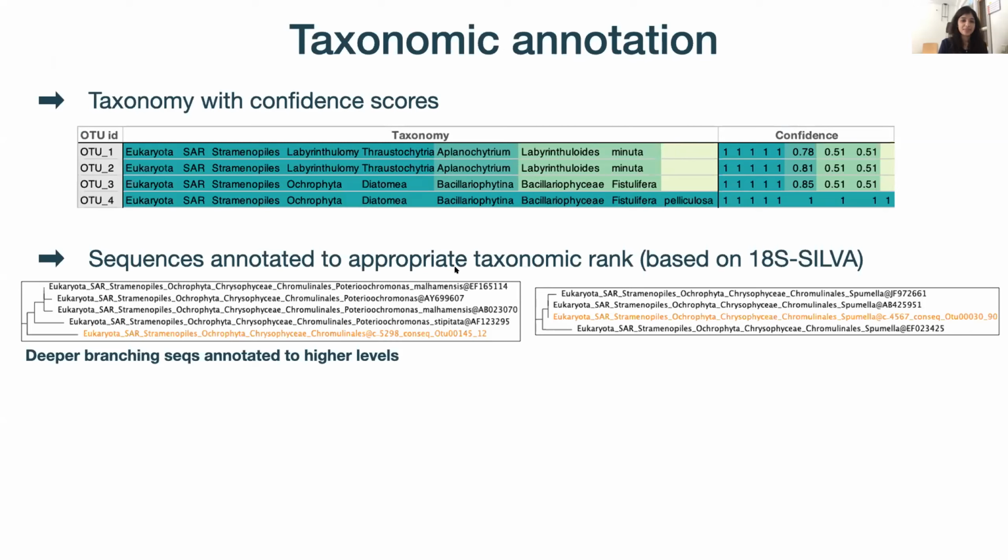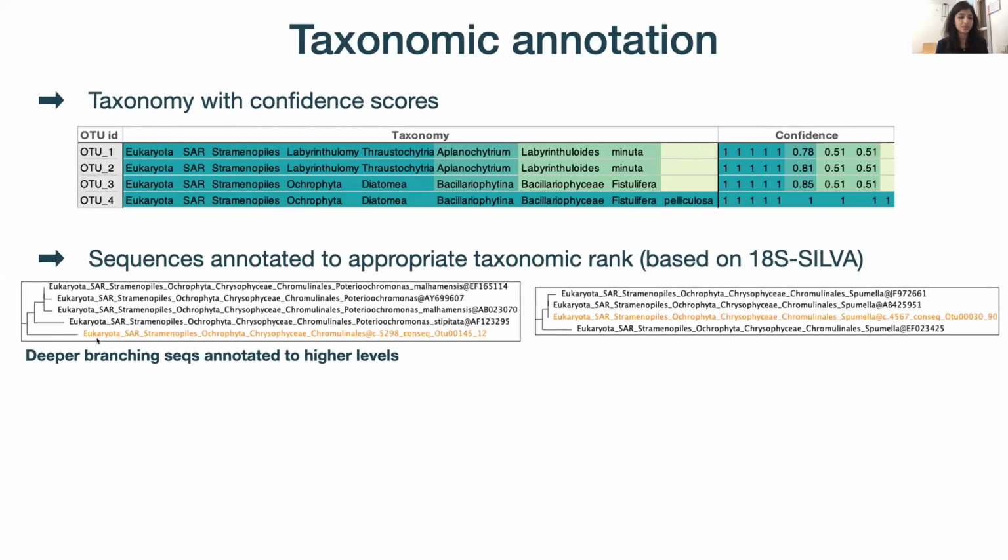Secondly, the sequences are annotated to the appropriate taxonomic rank. So in the image to the right, we can see that this OTU branches very closely to the references. And so it's annotated at the genus level. Here it's labeled as Pomilla. This OTU in the figure on the right branches deeper, and so it's annotated to a higher rank.